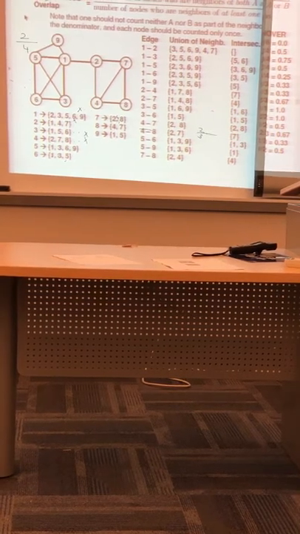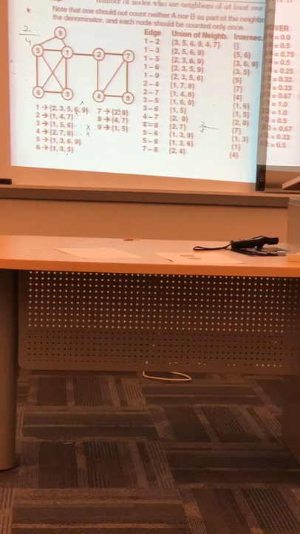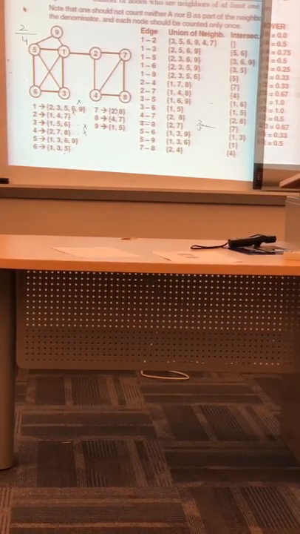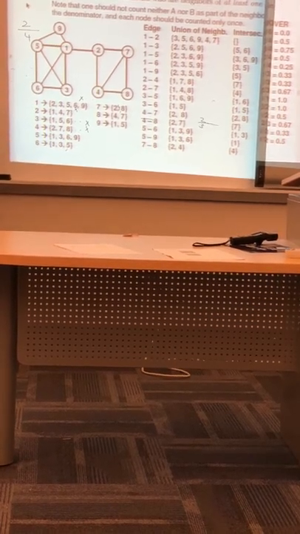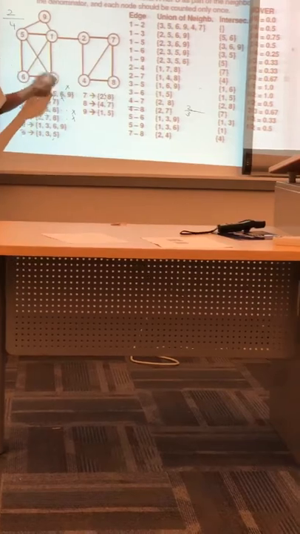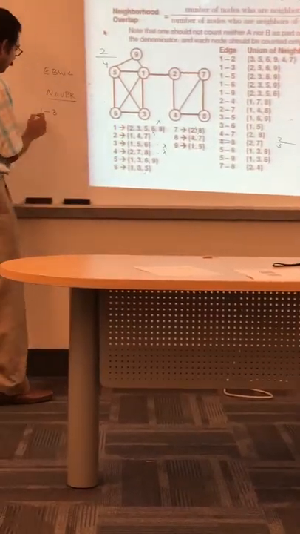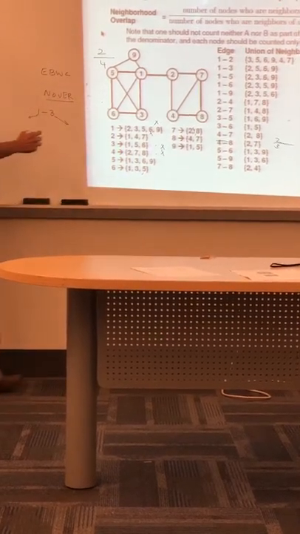What's your question? The formula you went through previously? The formula is just intersection divided by union. For example, you want to find the neighborhood overlap score for 1 and 3, that is H13. All you have to do is find the neighbors for 1 and the neighbors for 3, which are given here.